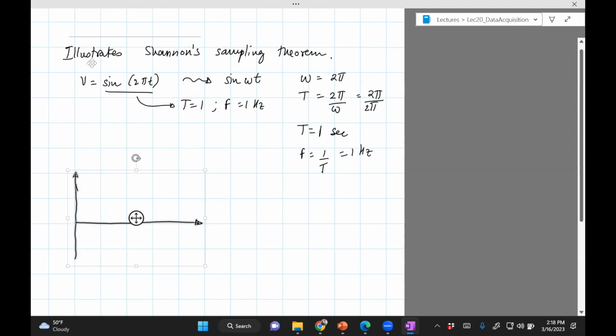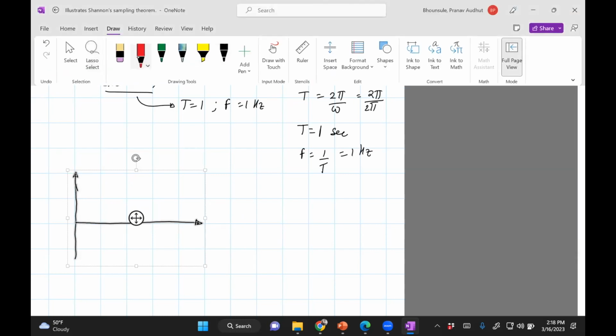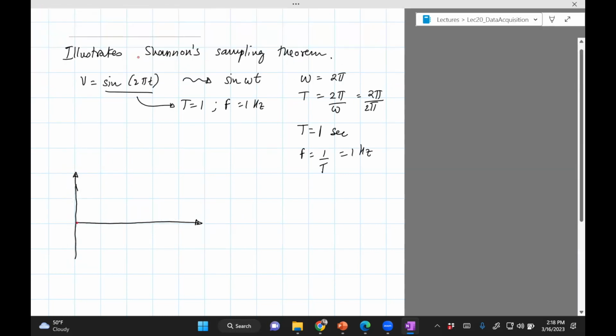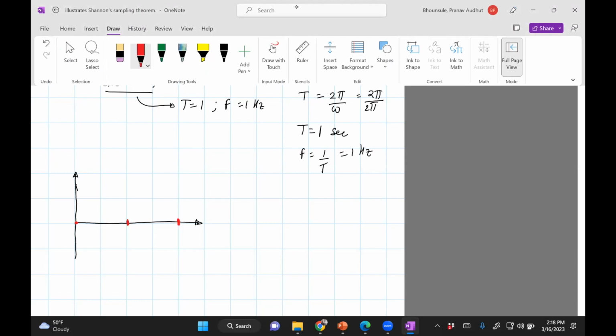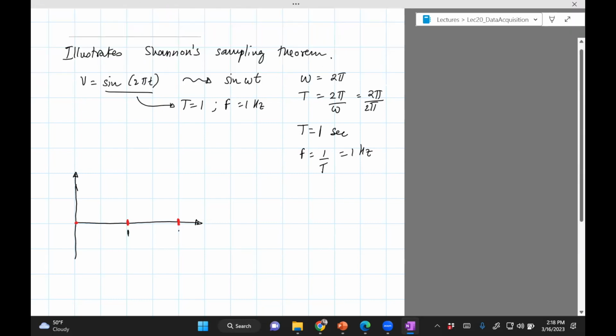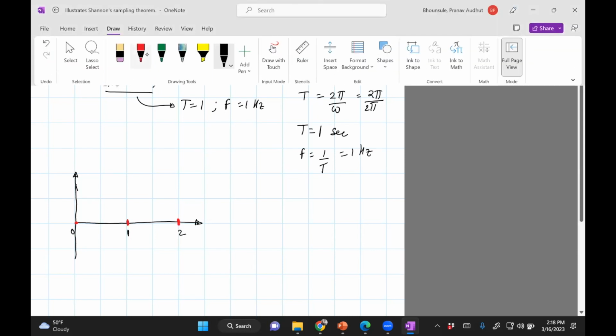What that means is if you make a plot of the sinusoid sine 2 pi t, at t equals 0, clearly this is a 0. At t equals 1, we'll have sine 2 pi, which will be 0, and then sine 4 pi, it will be 0, and so on. So we can write 1 here, 2 here, 0.